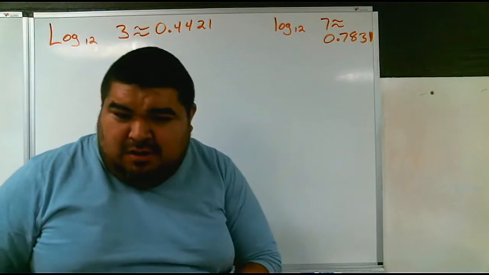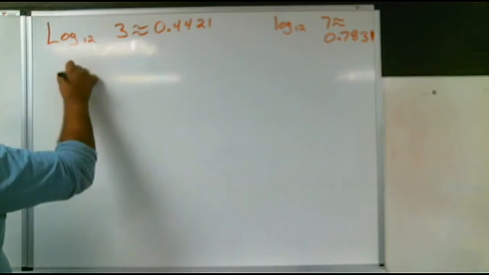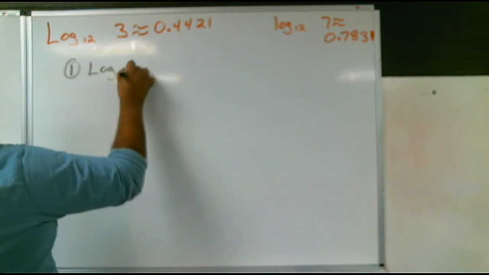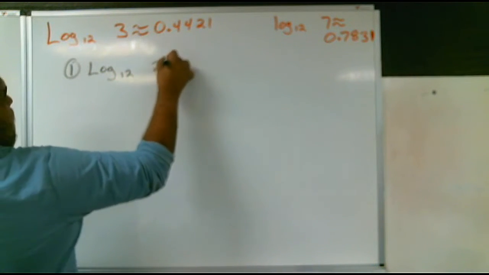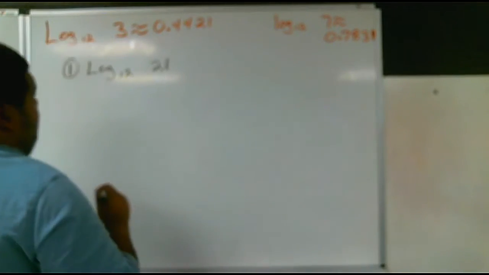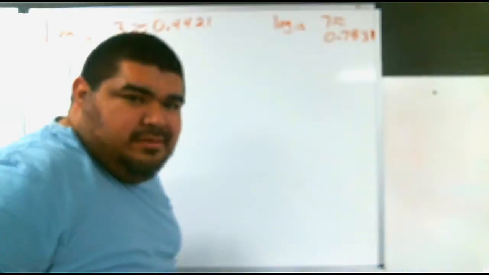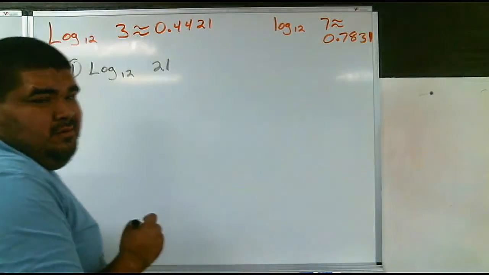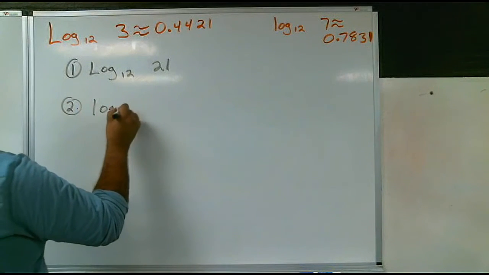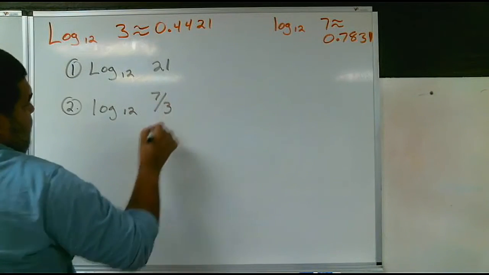The problems are, you're going to have log of 12 for the first one. Obviously, log of 12 to 21, okay? That's the very first one. Oh, I lost you guys for a minute there. There we go. All right, for your second one, we have log of 12, 7 over 3.